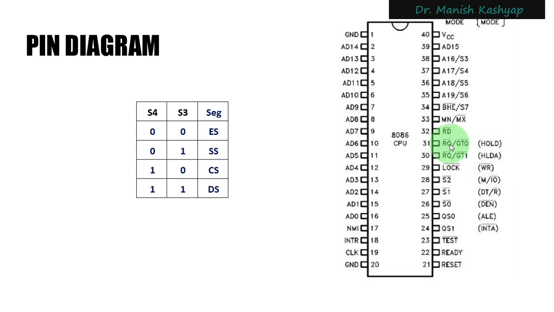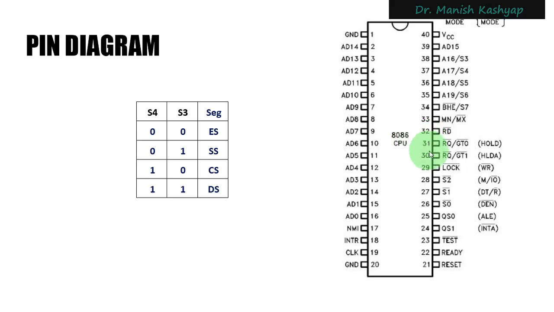The pins that you see here are used for taking the requests and granting the request. These RQ/GT0 are actually output signals from the microprocessor, and they will indicate the status of what is going on there. And if there is a tie between these two, then in that case, RQ0, the zero pin, will be given priority.